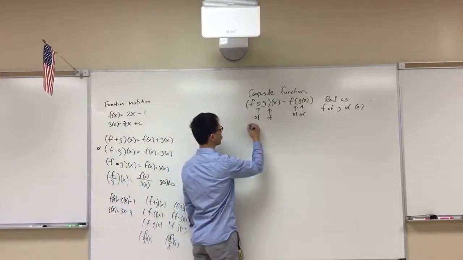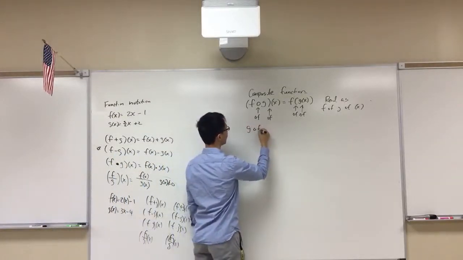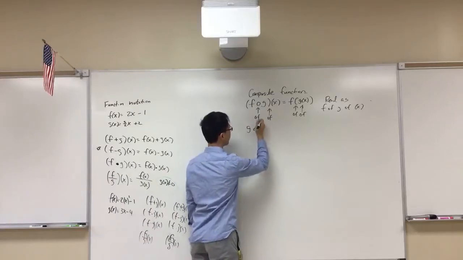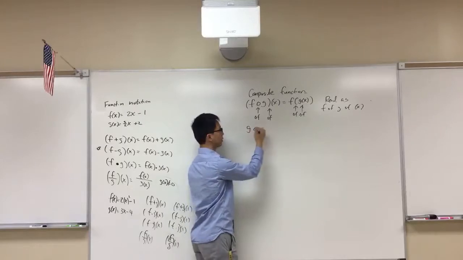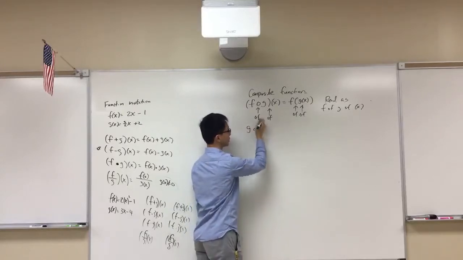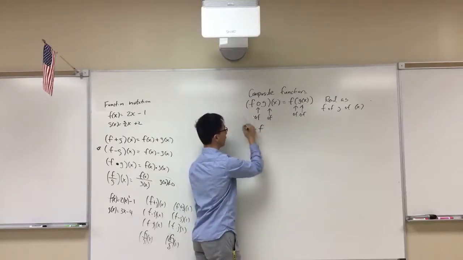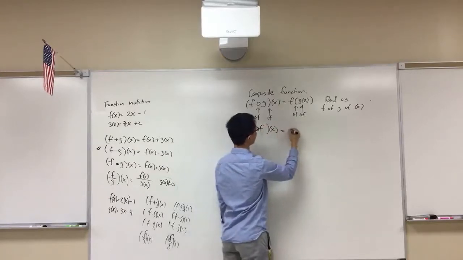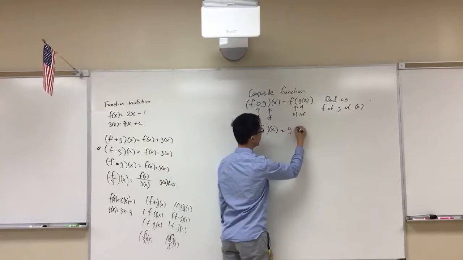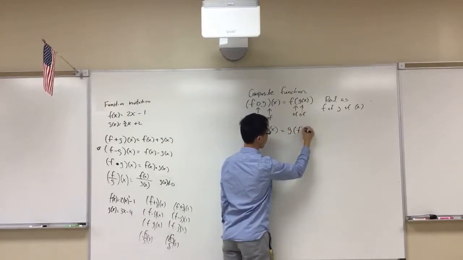The second one is g of f. So don't get confused with multiplication. This is an open circle. Okay? You can do g of f here. g of f of x is equal to g of f of x.